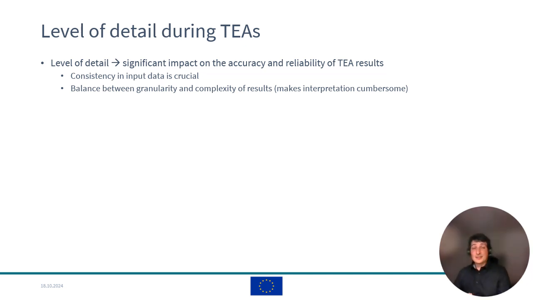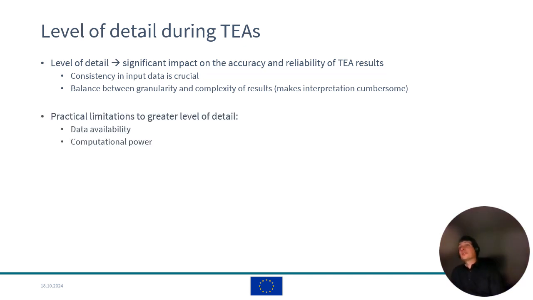But you want to be consistent, because it does not make sense to model one of the components in great detail if you have huge uncertainties for another component, right? And also you want to balance between the complexity of your results and the actual question that you want to answer, because if the question does not require that level of detail, you also don't really need it, right?